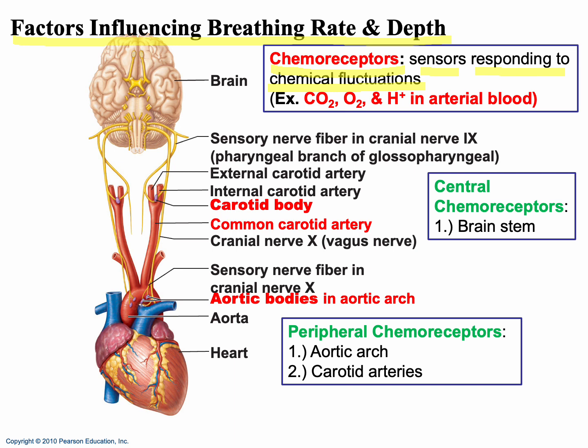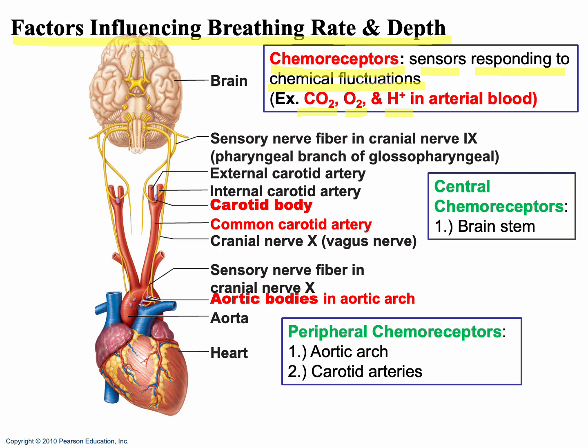And so that can be fluctuations of the partial pressure of carbon dioxide in your arterial blood, the levels of oxygen in the arterial blood, the partial pressure again, and the level of hydrogen ions. And that's referring to what is your pH in arterial blood. Is it going up? Is it going down? So chemoreceptors can sense these changes.